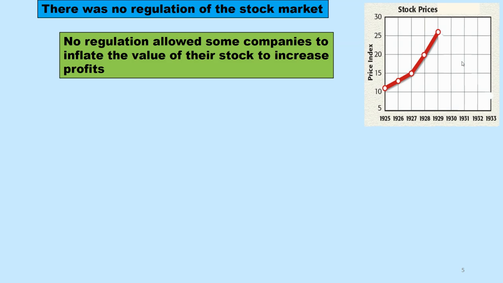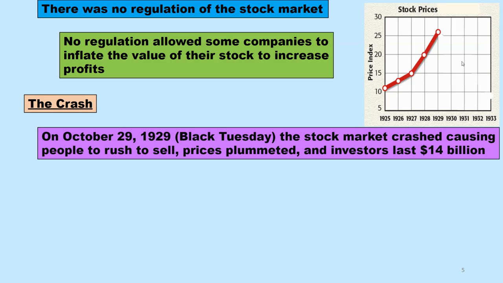serious issues. Okay, so here's the stock prices going up, mainly because of all of the craziness, the stock speculation, the inflated values, and buying on the margin, all those things. Then we get the crash. Black Tuesday, October 29th, 1929, the bubble burst.